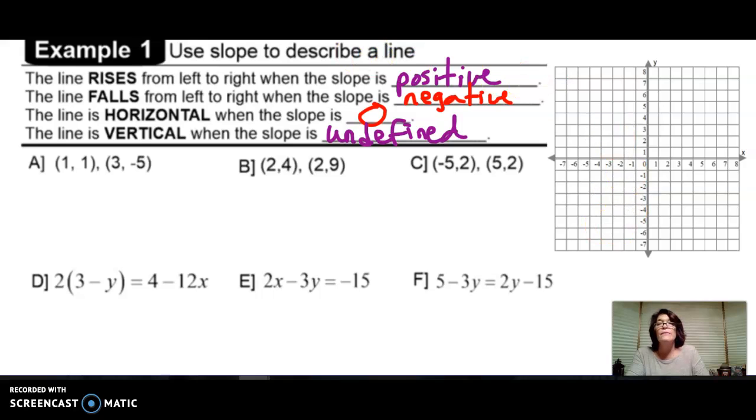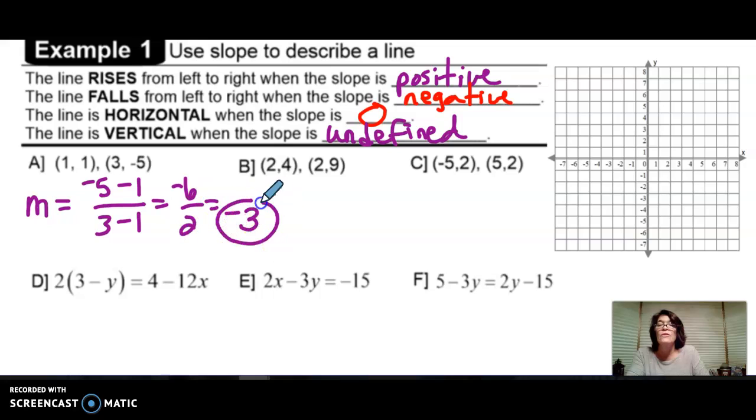We have 2 points. If I want to find the slope, I take one of the y coordinates and subtract the other y coordinate. Then I start with the same x coordinate that I used for my first y. So I'll take 3 minus 1, negative 6 over 2.